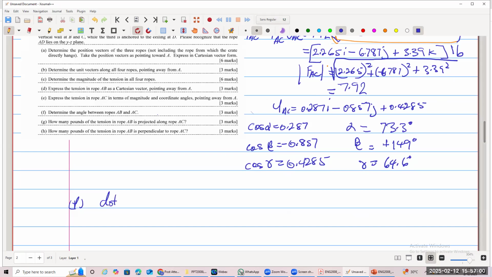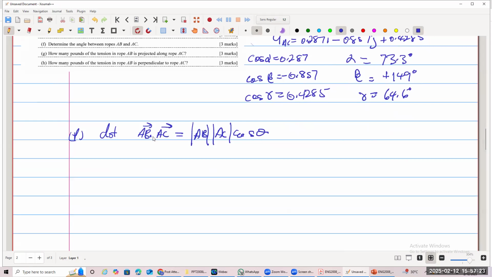So we're going to say that the Cartesian vector of AB dotted with the vector of AC equals the product of the moduli times cos theta, and we think we have the modulus of AC, so we can quickly write it. So therefore, we can find the angle between these.